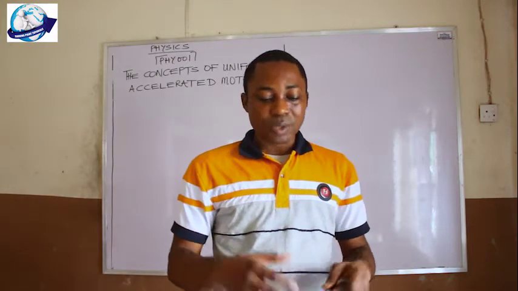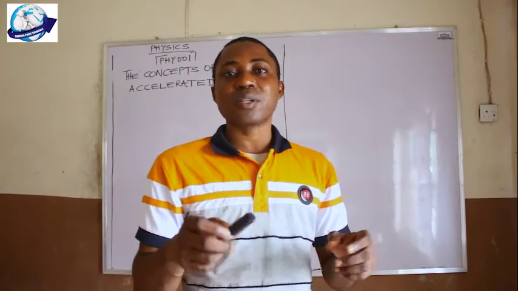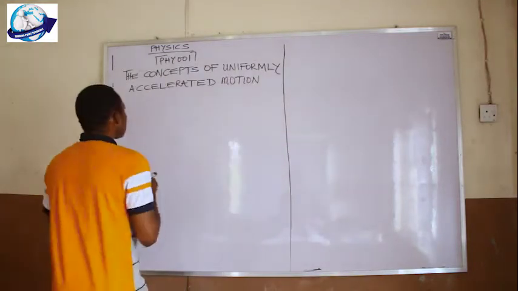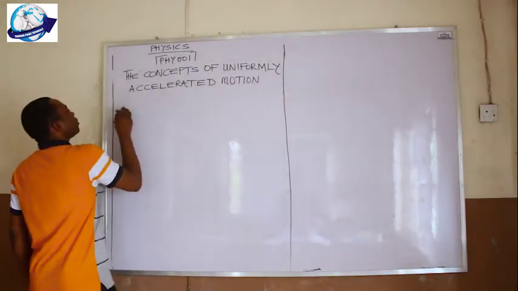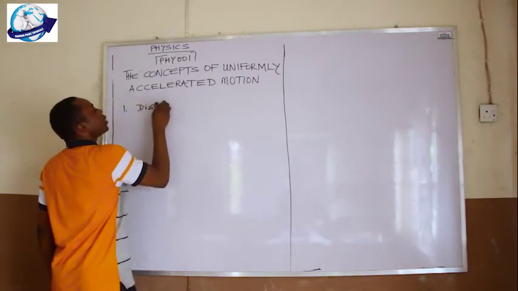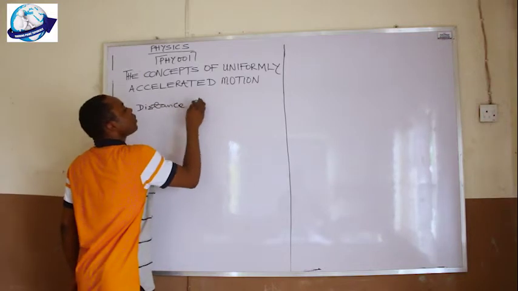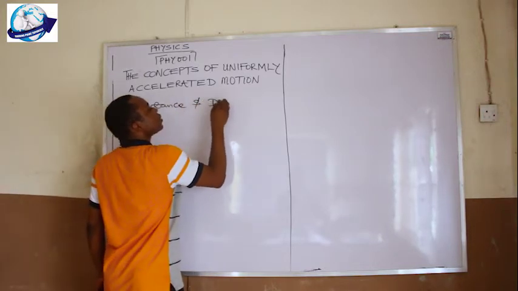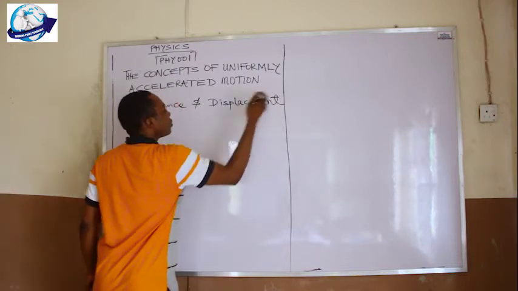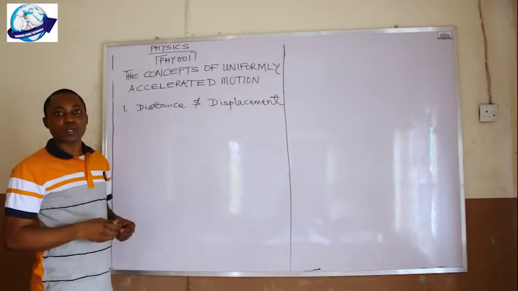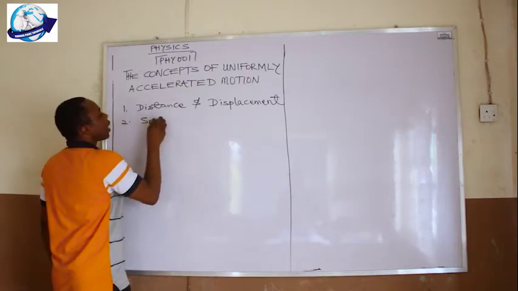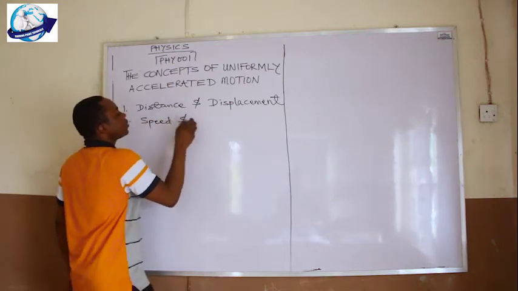Before we go into such, let's come back to discuss the concepts one by one. Like I said before, all the concepts are as follows. Let's look at it on the board now. We will talk about distance and displacement as one of the concepts of motion. Not only that, we discuss in detail speed and velocity.